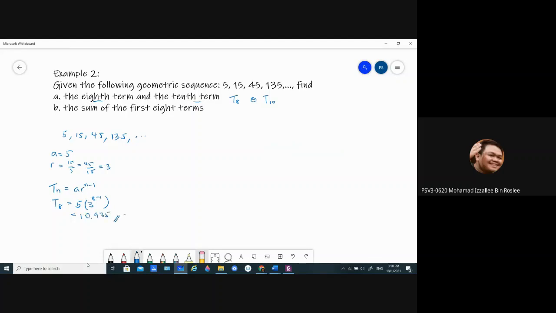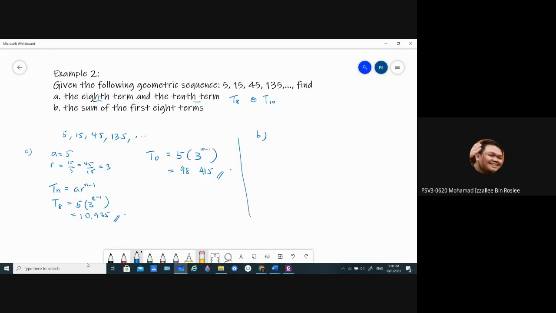Okay, this is our answer for T8. T10 will be 5 times 3 to the power of 10 minus 1. Using your calculators, you get 98,415. Okay, this is for part A.